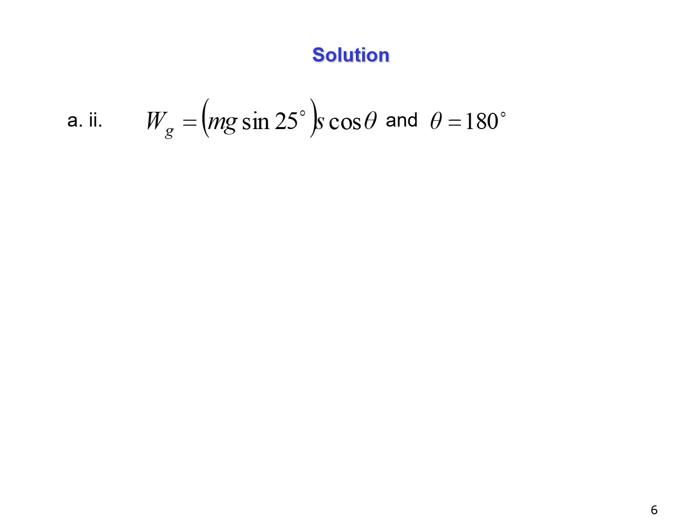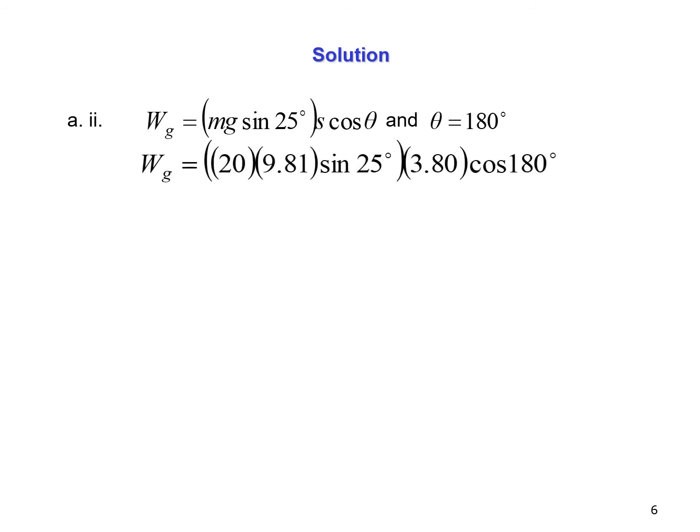The weight acts downward, and its x component is opposite to the displacement, so the angle is 180, and we get negative work done.